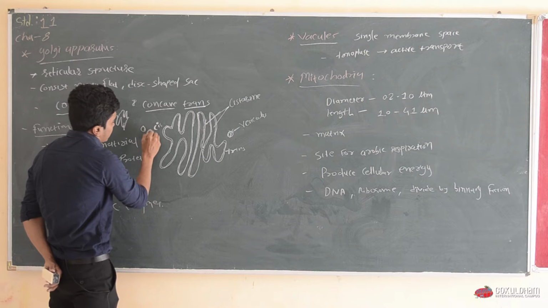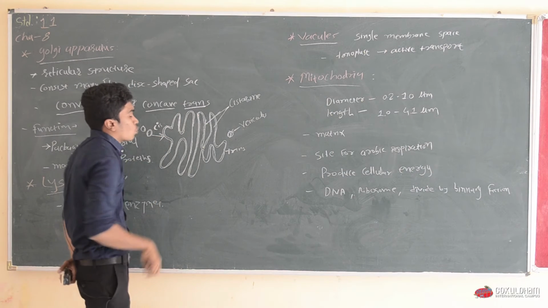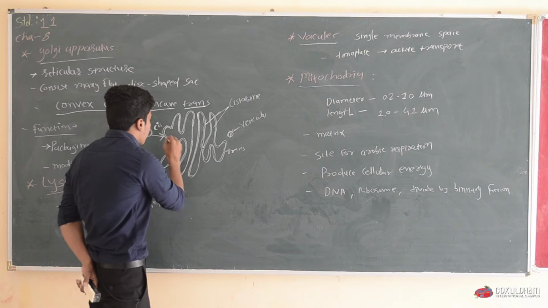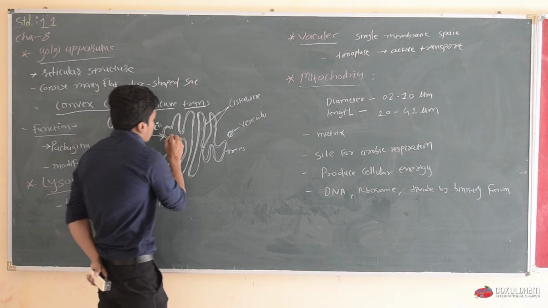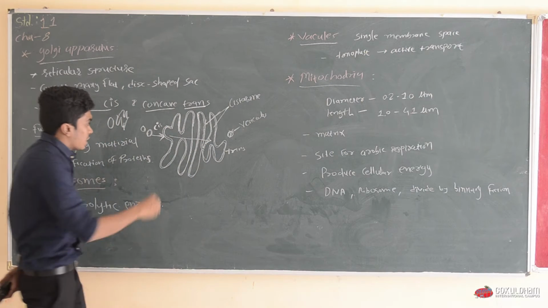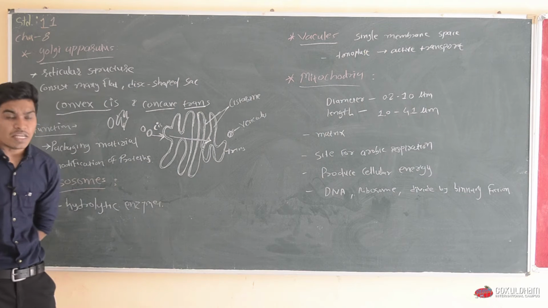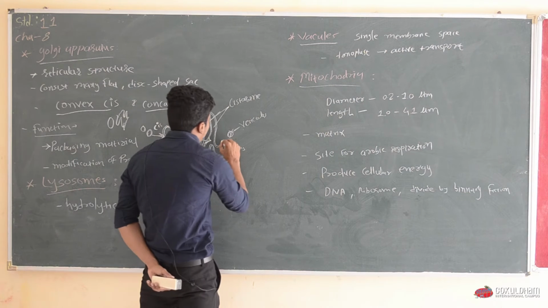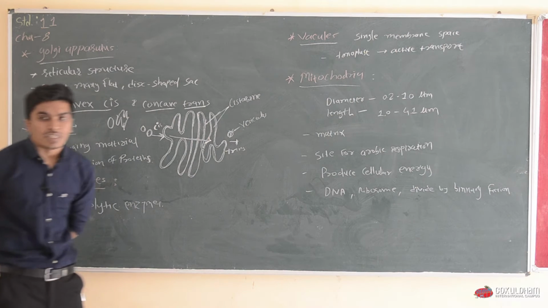Here it is known as vesicles, which enter the Golgi body from the cis region, and then transfer to the trans region, in which these vesicles are modified and come out from the trans region.